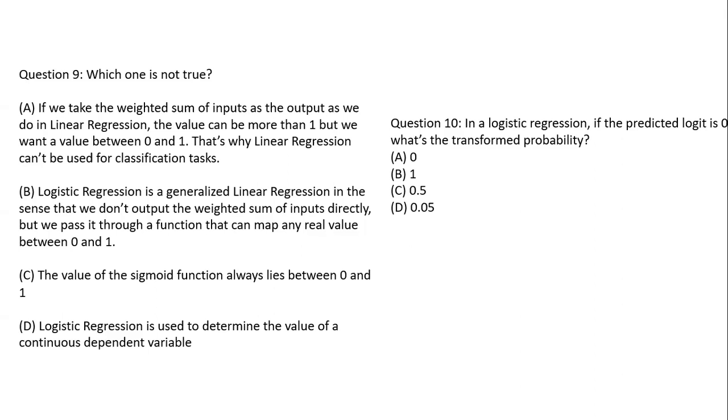Logistic regression is used to determine the value of a continuous dependent variable. It's not saying categorical numerical. वो कह रहा है continuous है या discrete है. Continuous ही होता है, तो this is true, right? What about B?